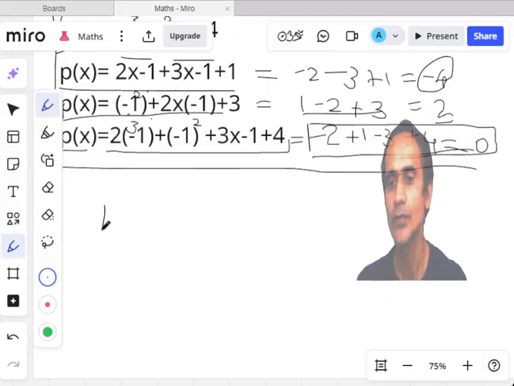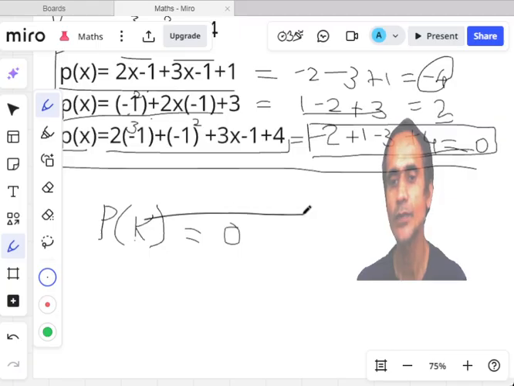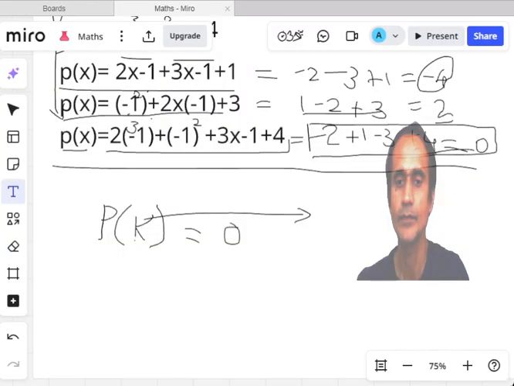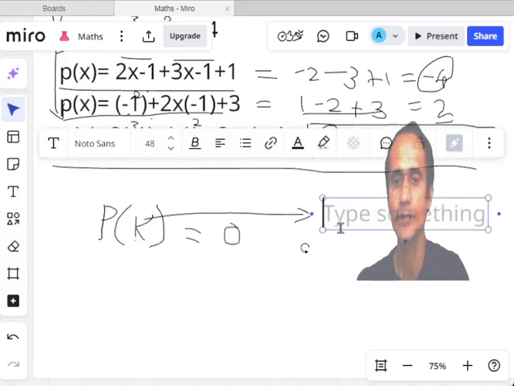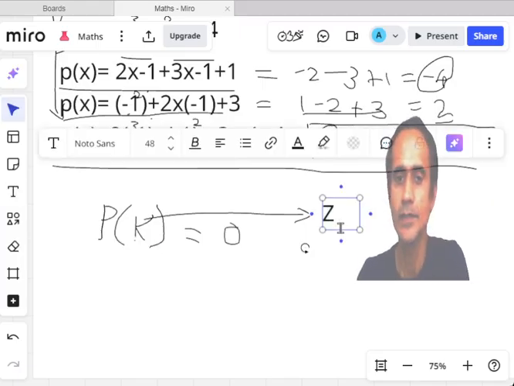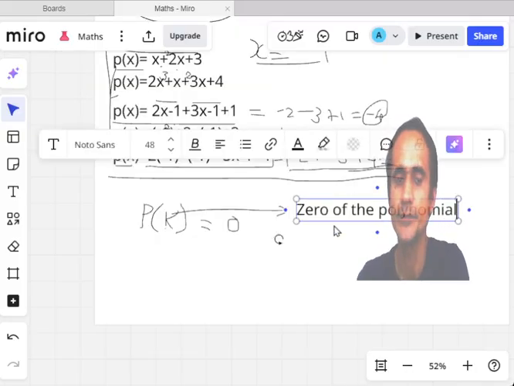For a polynomial p, if for a value k the value comes out to be 0, then k is known as a 0 of the polynomial.